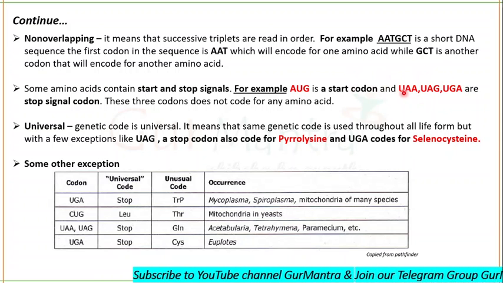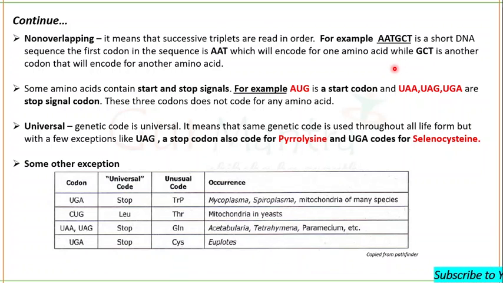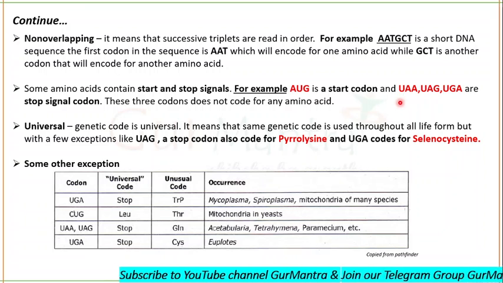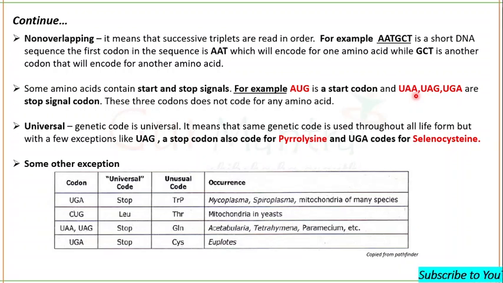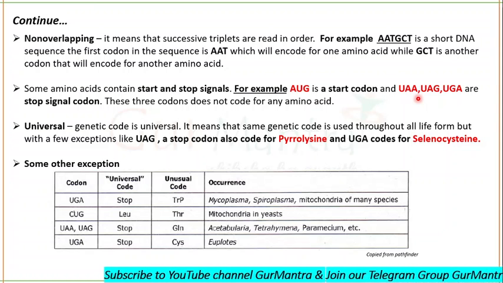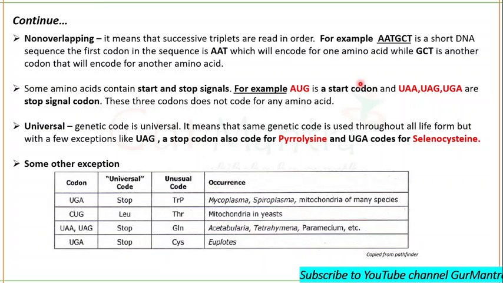How? See, UAA, there are 3 nucleotides in a triplet. How many nitrogenous bases are there? 4. So, how many possible nucleotides could be present at one position? 4. 1, 2, 3. 4 into 4 into 4 becomes 64. So we assume that there are about 64 genetic codes, out of which 3 are stop signal codons and 1 is the start codon.